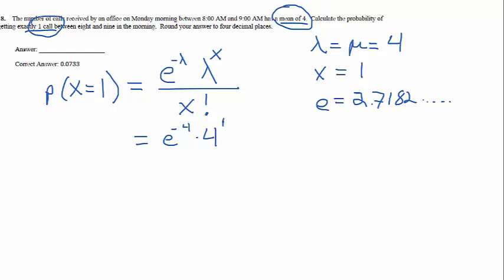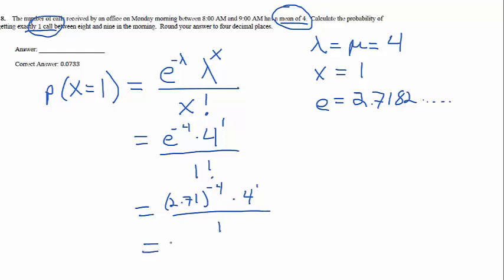What's our x? Our x is 1, over 1 factorial. Okay? So this is going to be 2.71, and many of your calculators will have Euler's number already programmed into it, to the negative 4 times 4 to the 1, which is 4, divided by 1. So that 1 just kind of disappears.